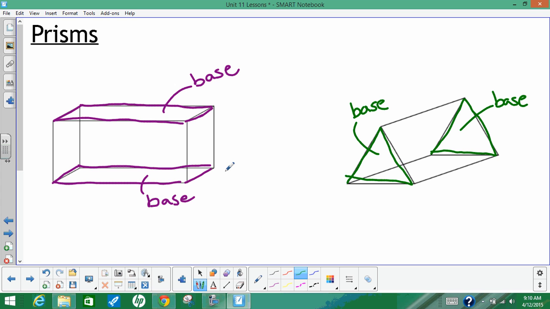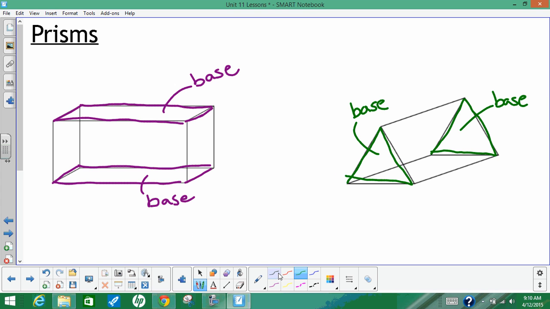So prisms are going to have bases. The bases are going to be the shapes, so we can have a pentagonal prism with pentagons as the bases. We could have a hexagonal prism with a hexagon as the bases. These are the two that we're going to be most used to seeing for our purposes.